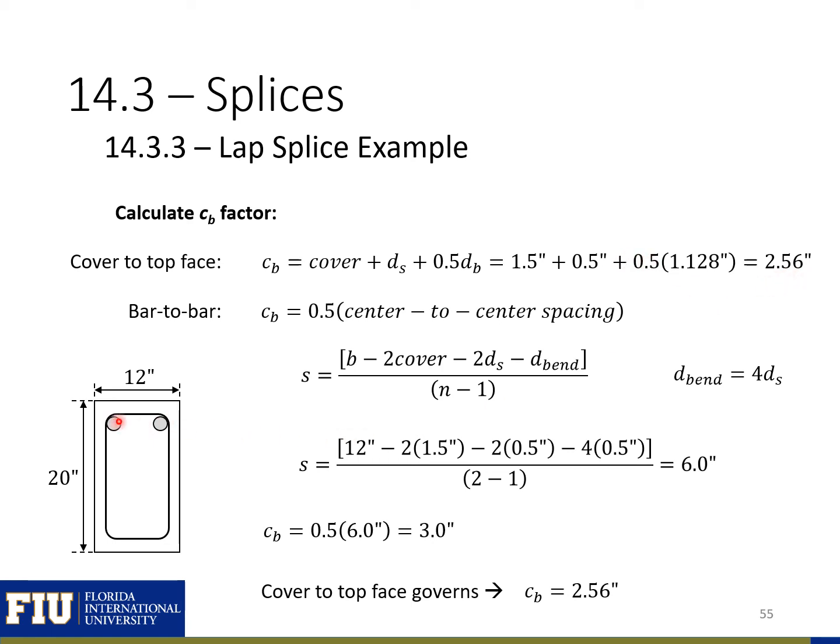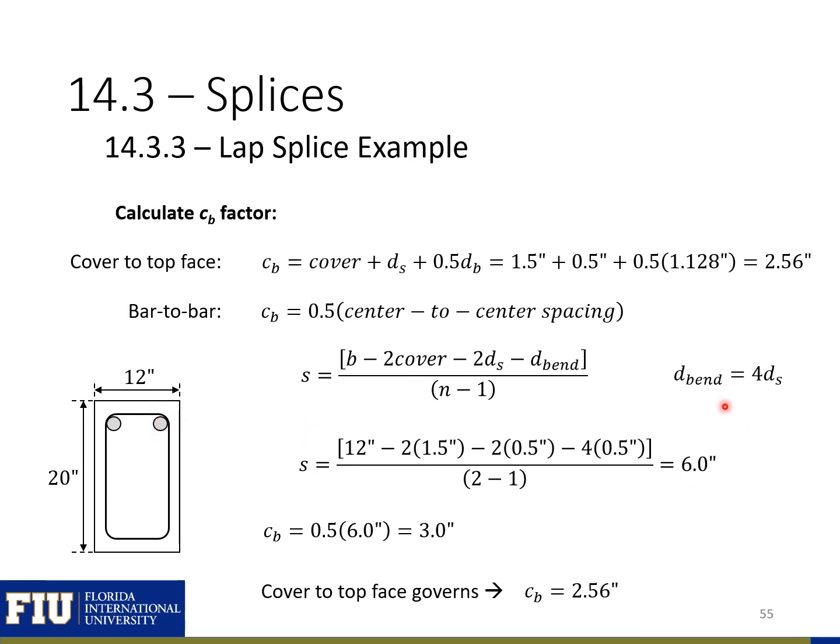Our bar to bar factor is going to be equal to 0.5 times the center to center spacing. Here our b is 12 inches, minus 2 times the 1.5 inch cover on each side, minus 2 times the diameter of our stirrups or ties, so 2 times 0.5 inches, and then minus the diameter of our bend, the distance from the outside to the center of the bend of our stirrup, which is where the center of this bar is going to sit.